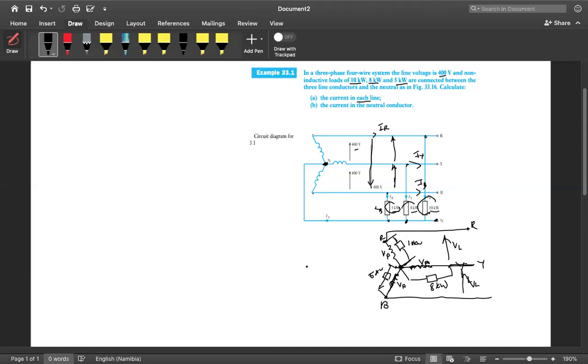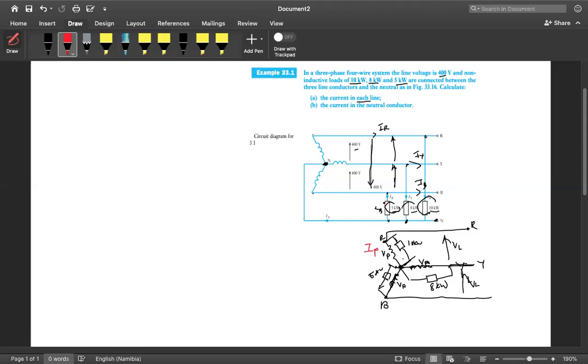So the first thing we have to do now is calculate, because we want to calculate currents. As you can see, this is a star connected system. My I phase current is flowing from here, through to this one, to that one, to the line here.